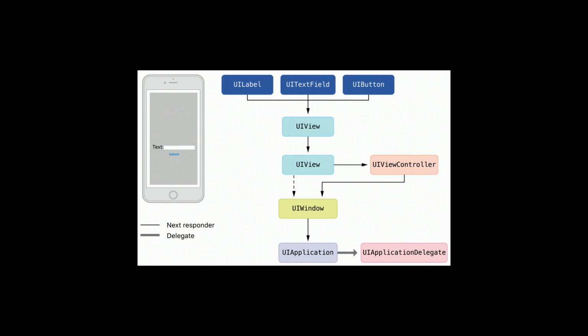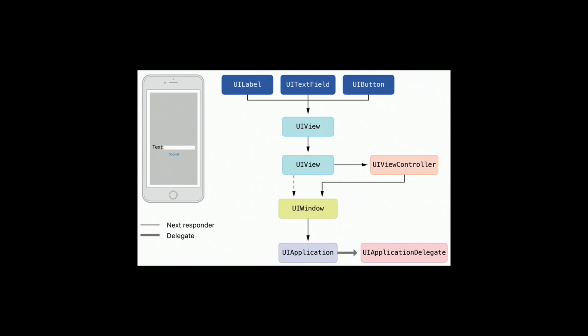So on an iOS app, this is how the responder chain is structured. You have a UILabel, a text field, a button in this particular application. And then the next responder in this chain is the view they belong to. Then from that view, it looks for a view controller.